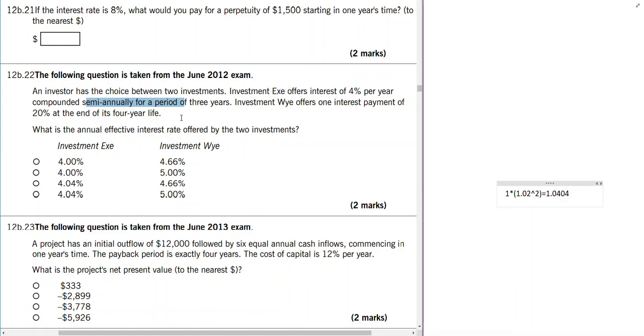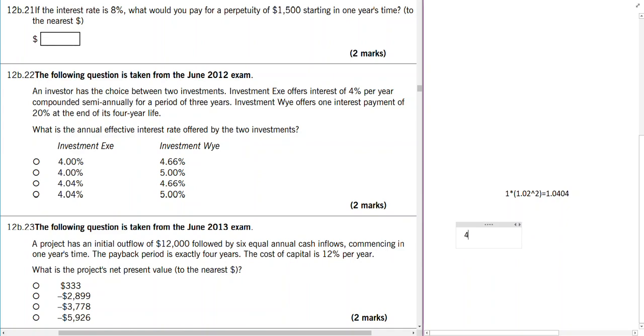So it becomes 4.04%. Now the second one, they said becomes 20% after 4 years, and it is annual. So what I will do is I will look at these options. 5 would not be correct, obviously, because it is compounded, and when I multiply it by 4, it gives us 20% if it was simple interest. So it cannot be that.